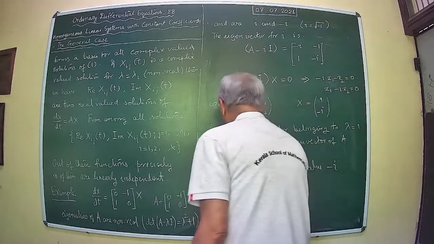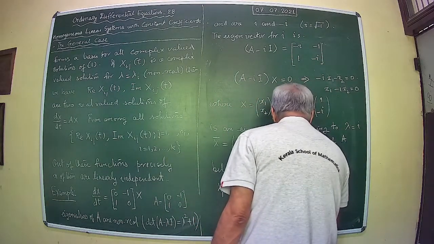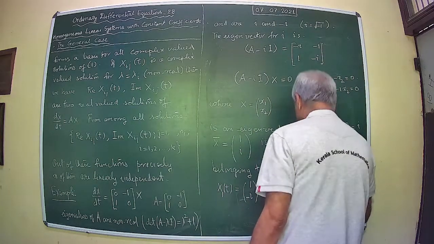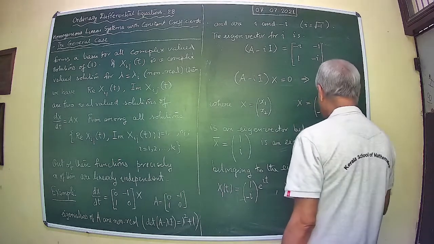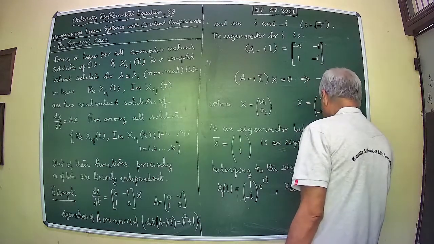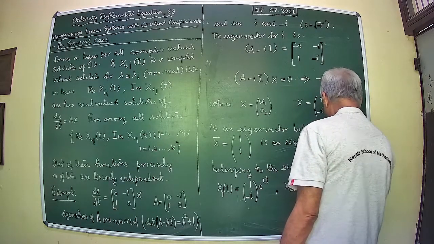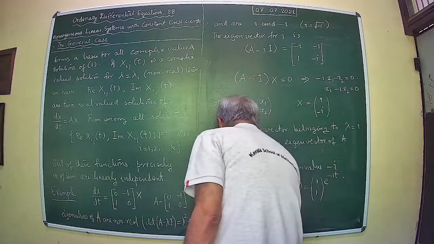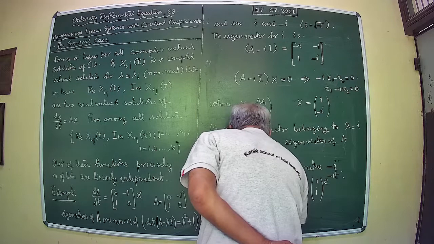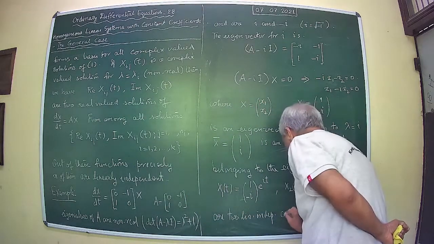So x1(t) we take as this, and x2(t) is the conjugate. These are two linearly independent complex solutions.